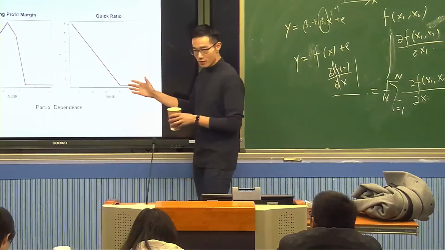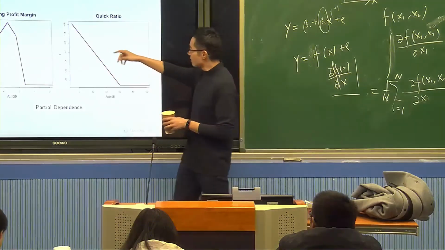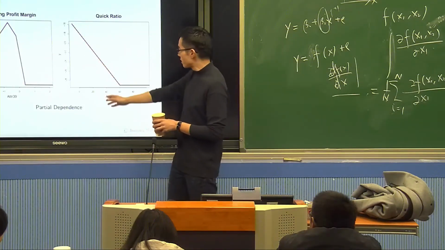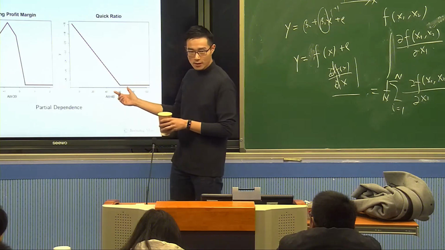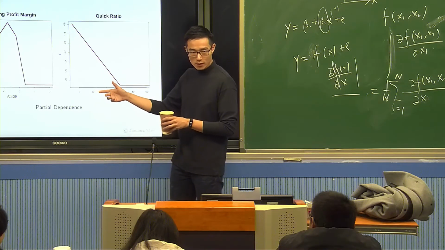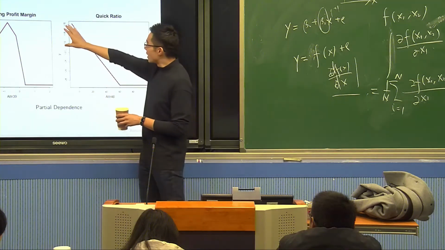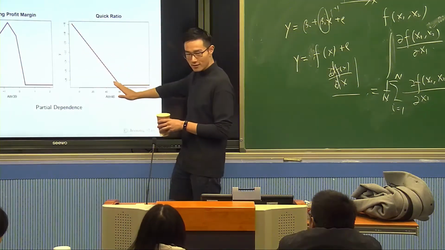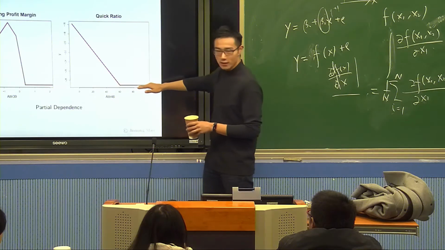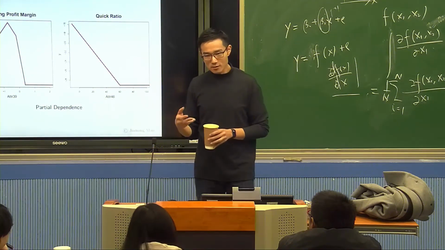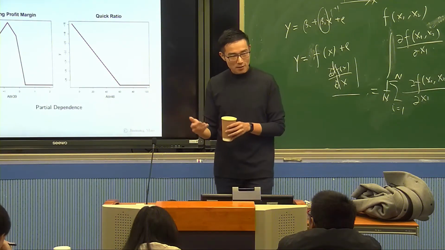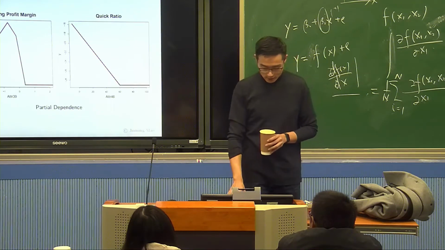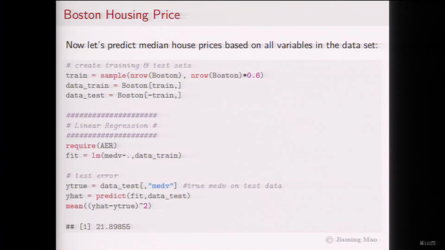On the other hand, the quick ratio shows a continuous decline. As we increase our current assets with respect to our short-term liability, my bankruptcy rate will decline slowly, until it's no longer able to decline. This is what the partial dependence plot can tell me, the relation between different variables.